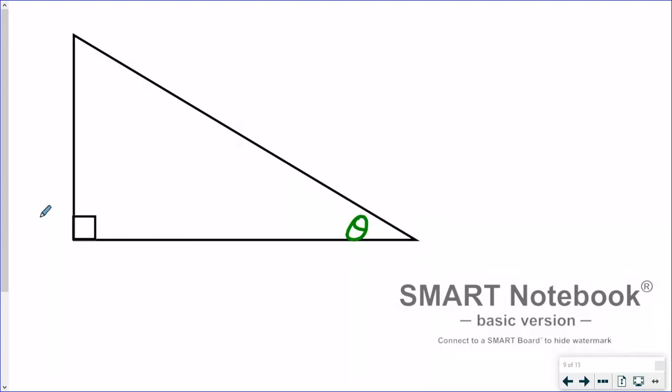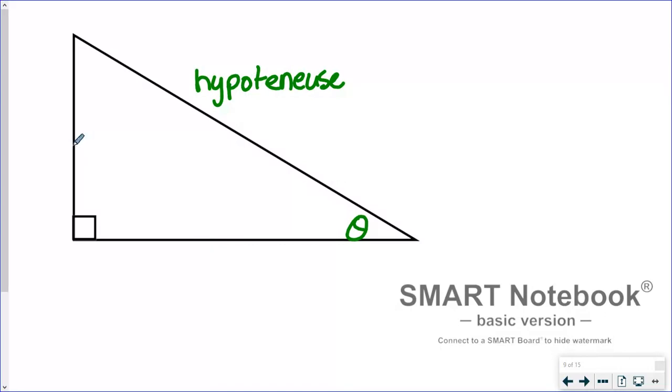As we should all remember, the side that is across from the 90-degree angle is called the what? Maybe the hypotenuse? Yes, no, maybe so.